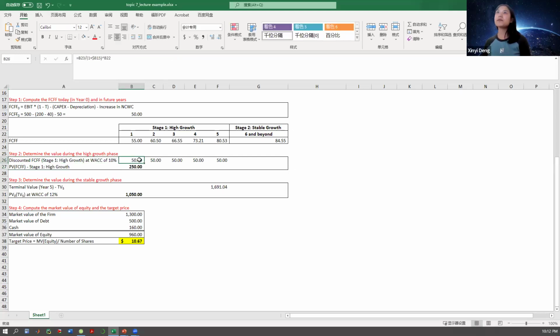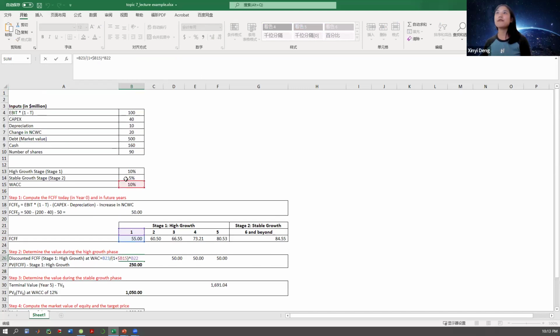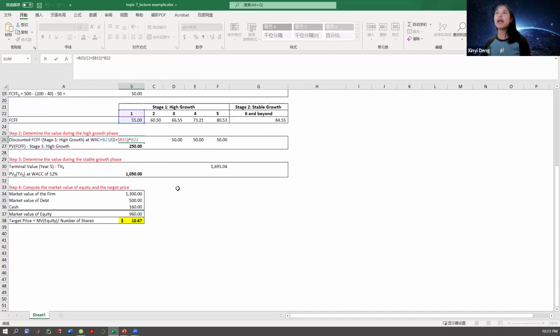So to calculate those discounted values, for year 1, we just use 55 divided by 1 plus WACC, which is in cell B15, and then raised to the power of the year that the cash flow occurs.